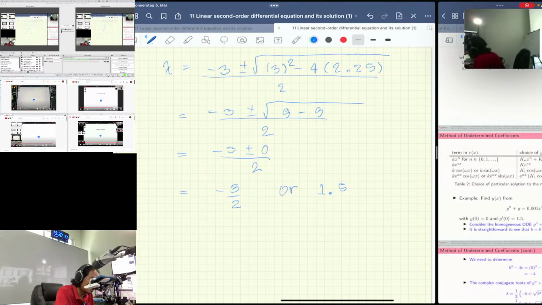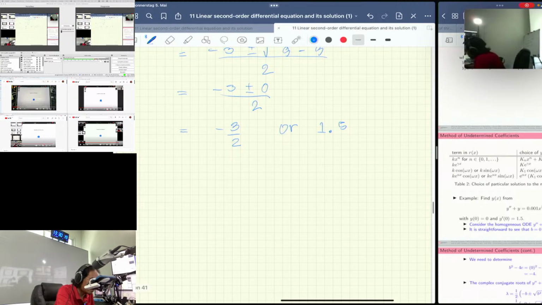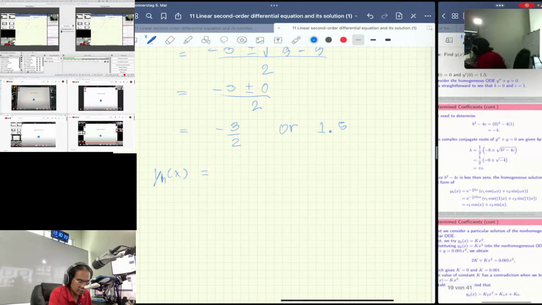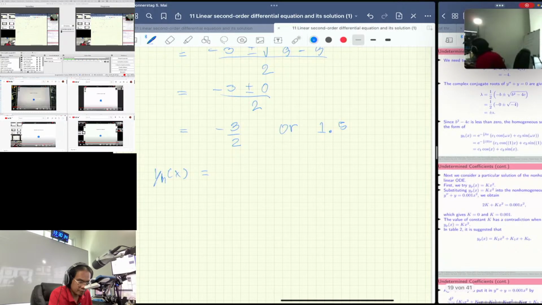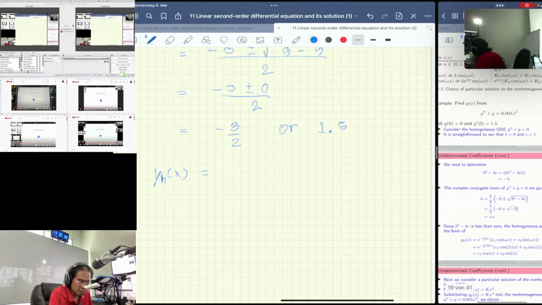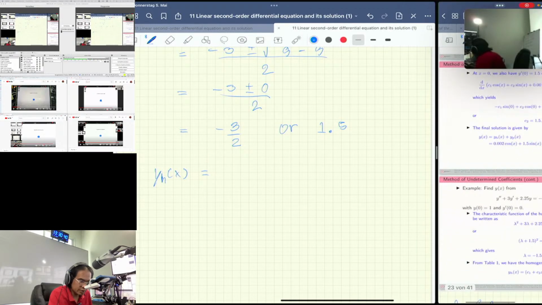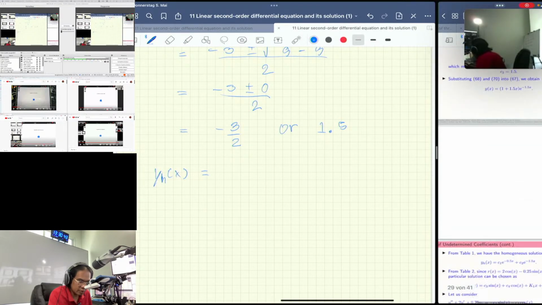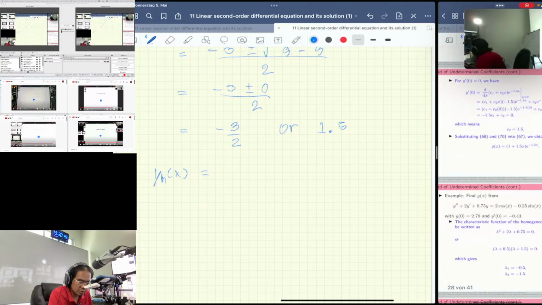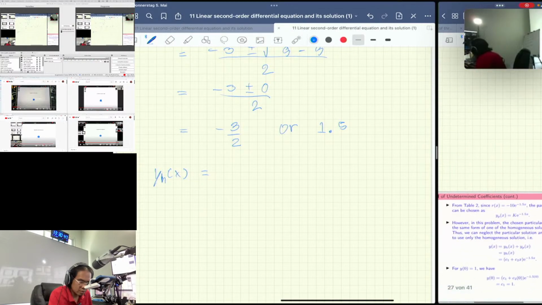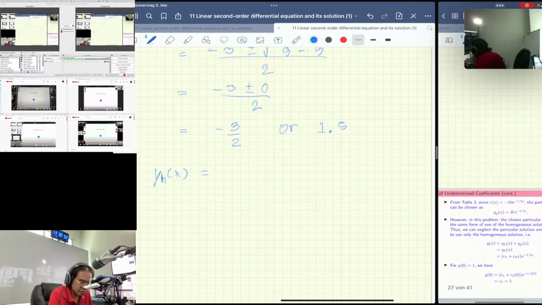What we can do is that, of course, the homogeneous solution to us will be somehow like this. I don't know if we're gonna use A or C, I'm not sure. 1.5 or 3 by 2.